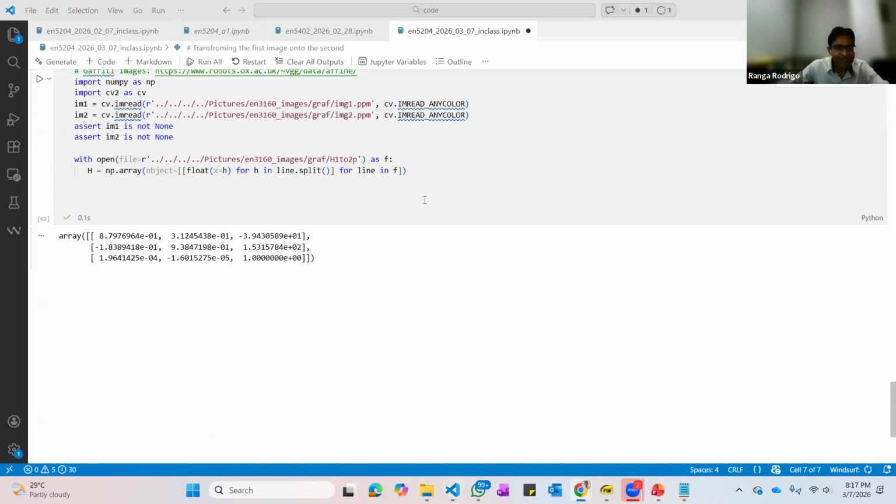Then I'm going to write the important function now. In 1 to 2, the function is warp perspective. And we are transforming IM1 with the homography, and the shape has to be given.